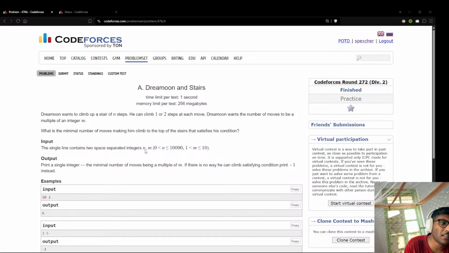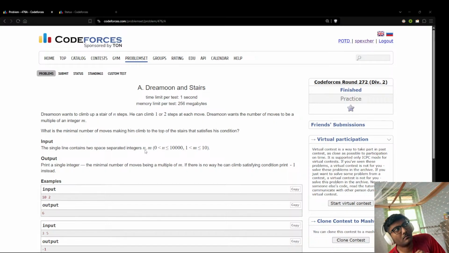Okay, it's just asking to print a single integer, the minimal number of moves being a multiple of m. Let's say I find out the overall minimal number of moves. Let it be x.